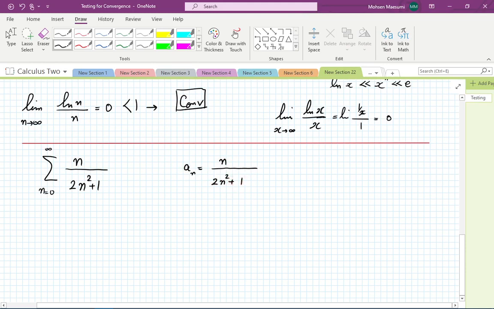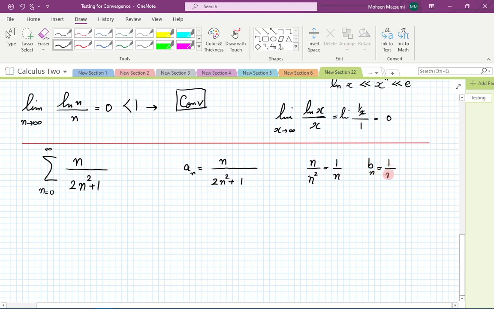Okay, it's a simple approach that applies to all so-called rational functions. You have a polynomial here, you have a polynomial here. Just extract the leading power in the numerator, extract the leading power in the denominator, simplify that. That's just 1 over n. That would be your comparison series.